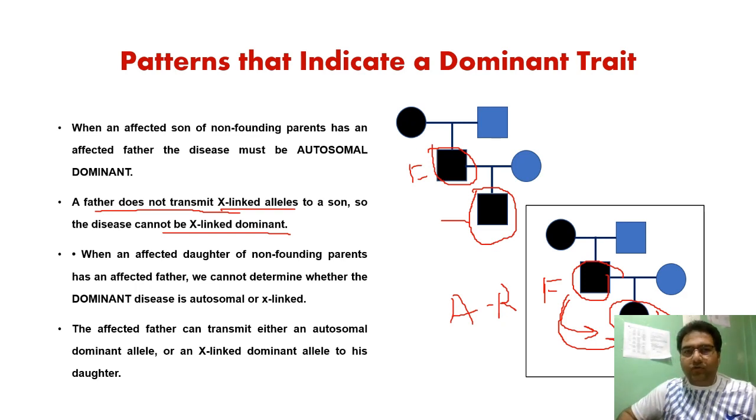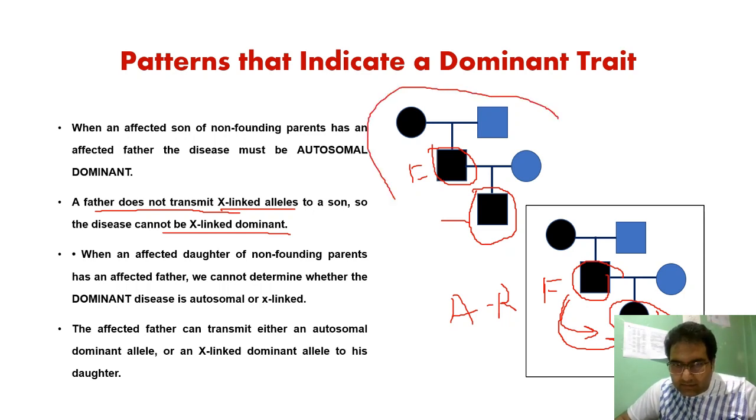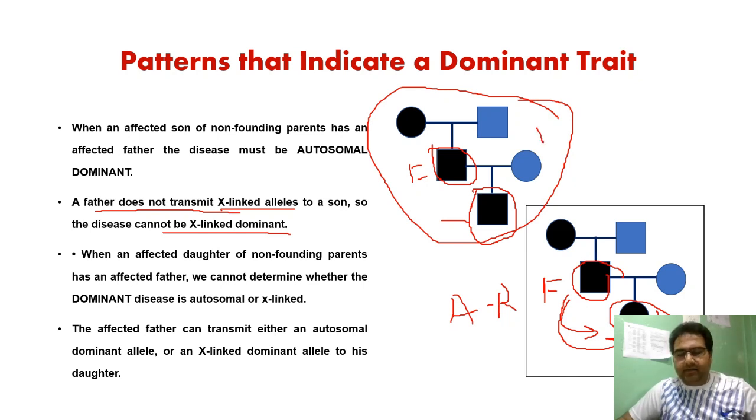So in scenario number 2, in the case of the son, we clearly depicted that it is an autosomal dominant disease. But in the case of a daughter, it can be autosomal dominant or X-linked dominant, because a daughter has two X chromosomes.